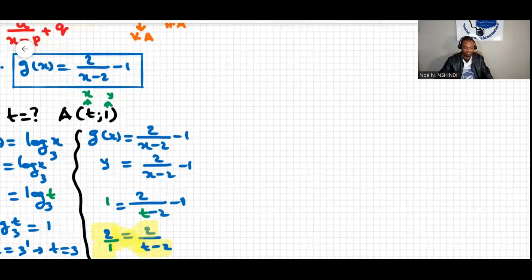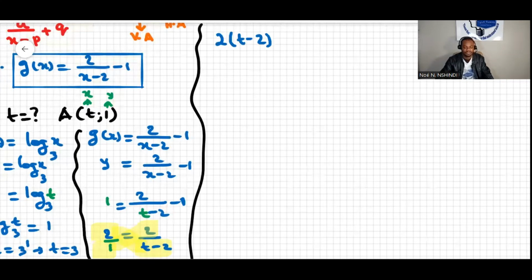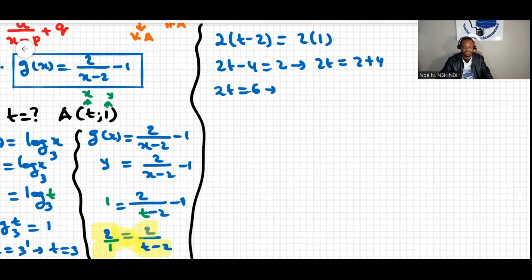If you cross multiply, it's going to be 2 times t minus 2 equal to 2 times 1. And then that makes 2t minus 4 equal to 2. If I move the negative 4 over, that makes 2t equal to 2 plus 4, and then 2t equal to 6. That means t equal to 6 over 2, and that makes t equal to 3. So that's the value of t.